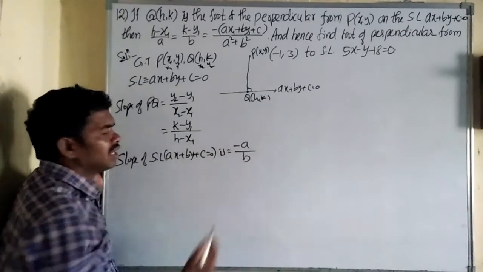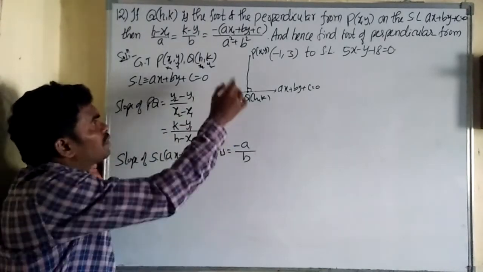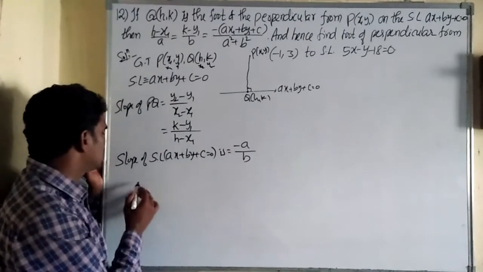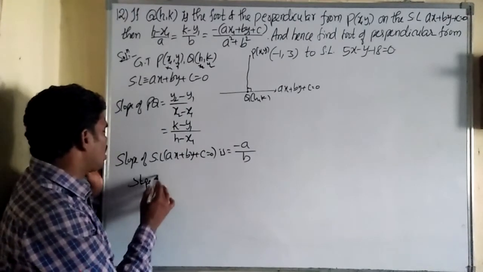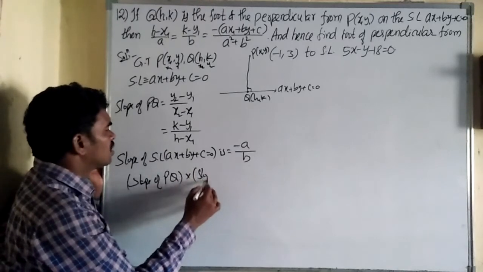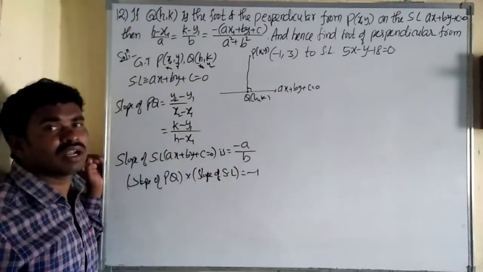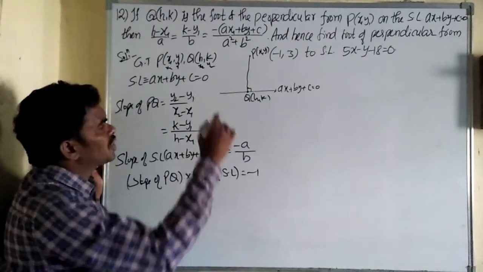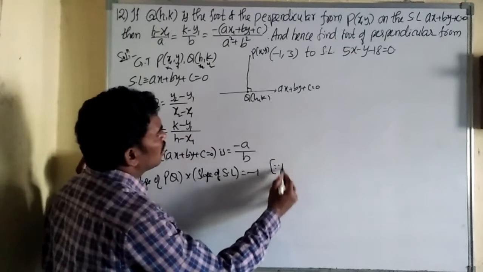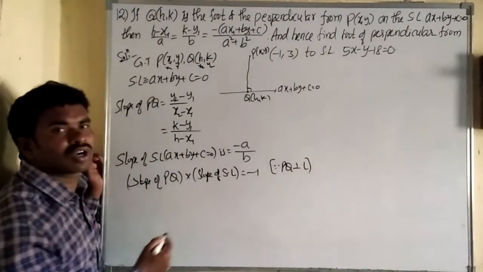That is the slope m. So now what is the condition? The slope of PQ into the slope of the line is equal to -1, because those two are perpendicular. Since PQ is perpendicular to line L, the product of slopes is -1.